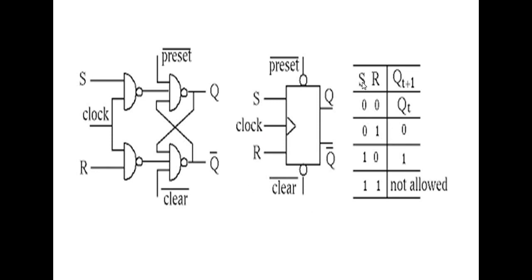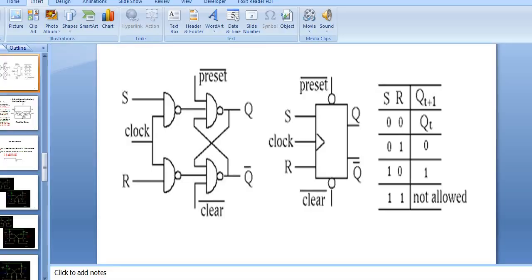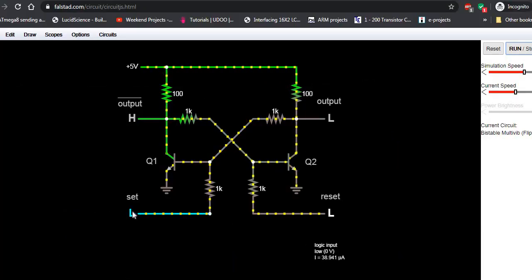Look here, when set input is high, output is high. When reset input is high, output is low. That's what we are going to achieve here. Let us make it high. Output is high, right?